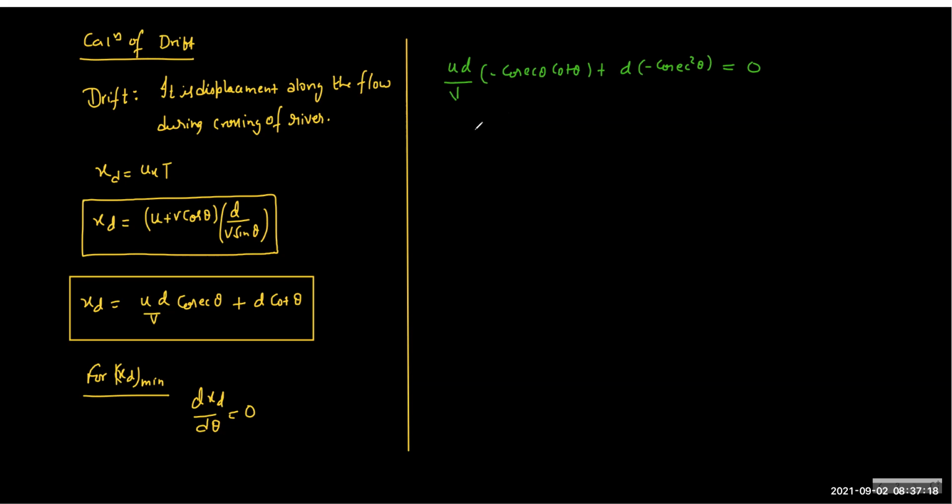Now if you rearrange, because cosec is common, cosec will cancel, d will cancel out. So minus u by v cot theta is cosec theta.